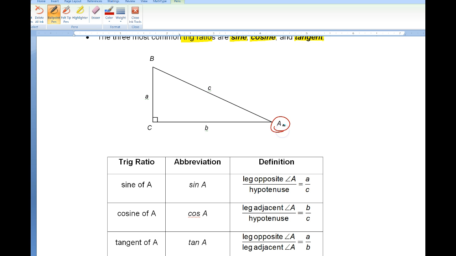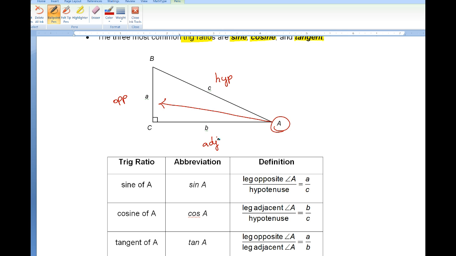Here's A. If we look directly opposite, we see side A. And here's the hypotenuse. And then we have what's called the adjacent side, adjacent to that angle. So sine is defined as the side opposite over the hypotenuse. Remember, they are ratios, so it's just a comparison. So it's A over C.